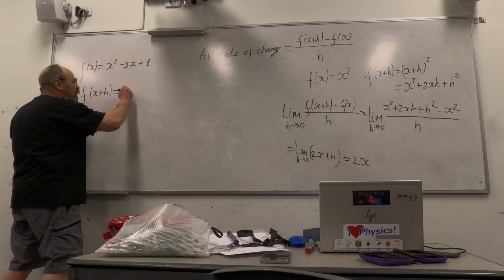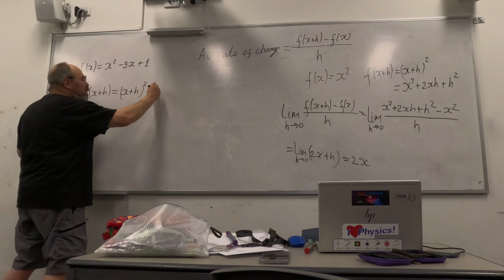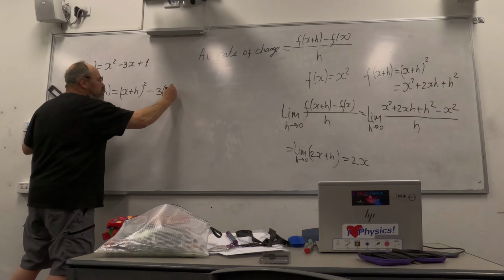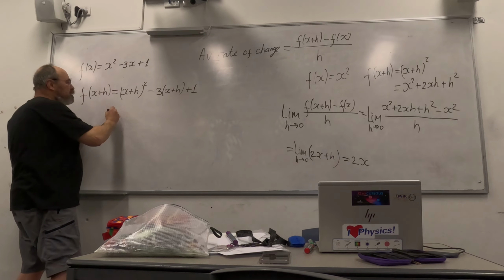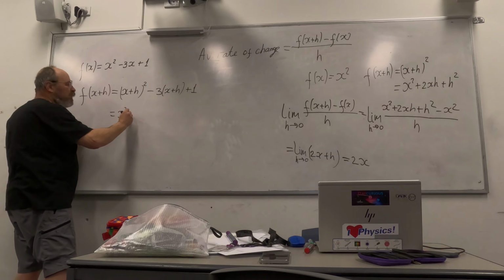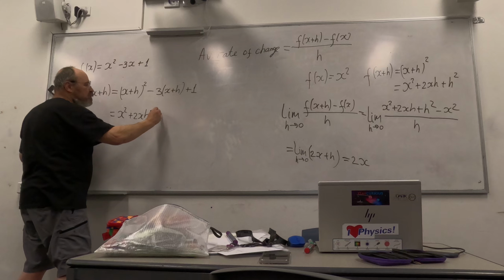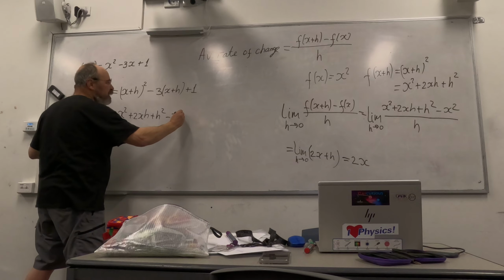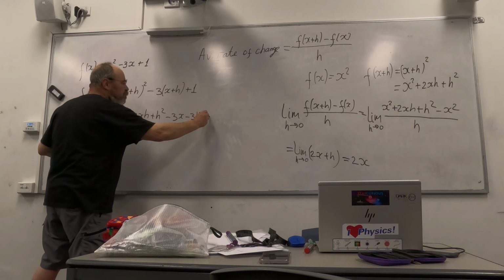So f of x plus h equals x plus h squared minus 3 times x plus h plus 1. Expanded: x squared plus 2xh plus h squared minus 3x minus 3h plus 1.